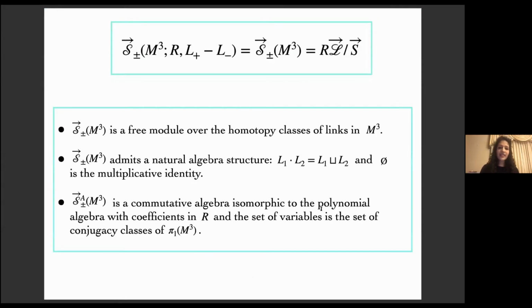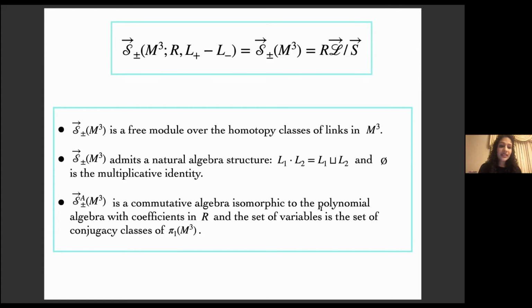And it has some interesting properties. The signed Skein module of an oriented 3 manifold is a free module over homotopy classes of links in the manifold. It admits a natural algebra structure whereby you can define the multiplication of two links, so L1 times L2 is just going to be the disjoint union. And the multiplicative identity of this multiplication is the empty link.